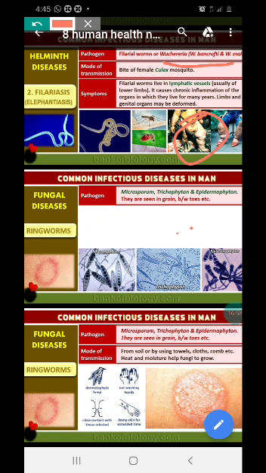So how is it transmitted from one person to another? Especially from soil, or by using towels, clothes, utensils, combs, etc. Heat and moisture help the fungi to grow.